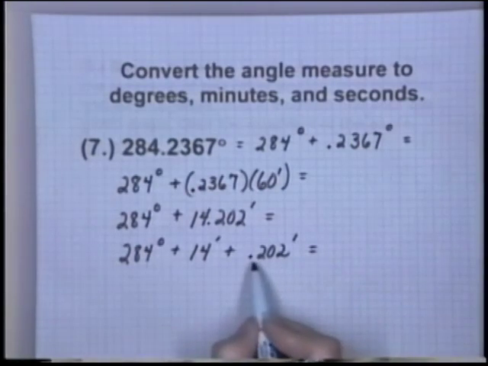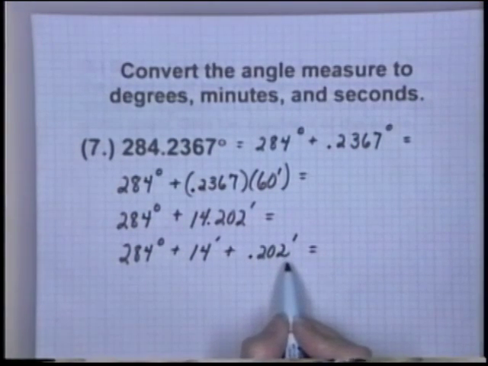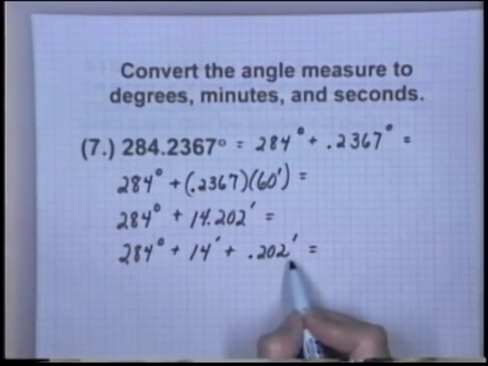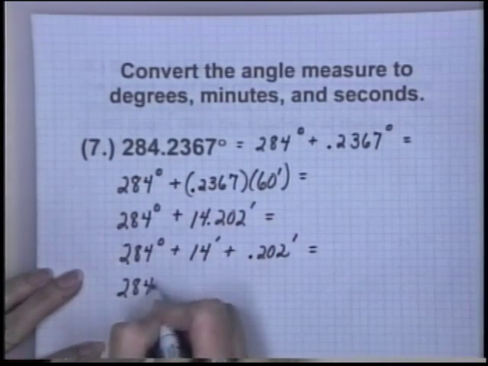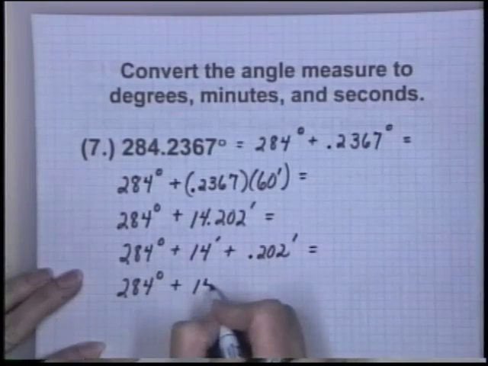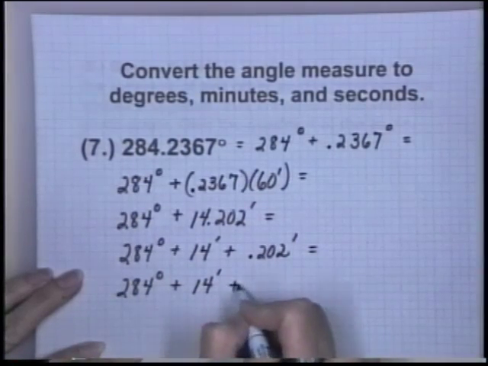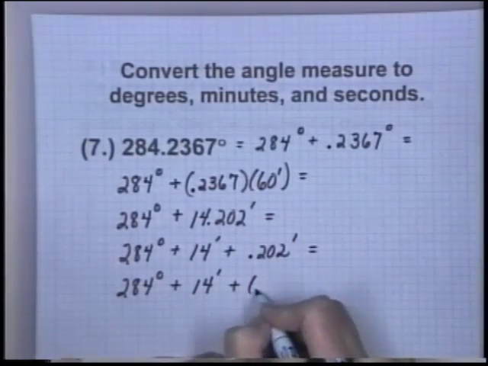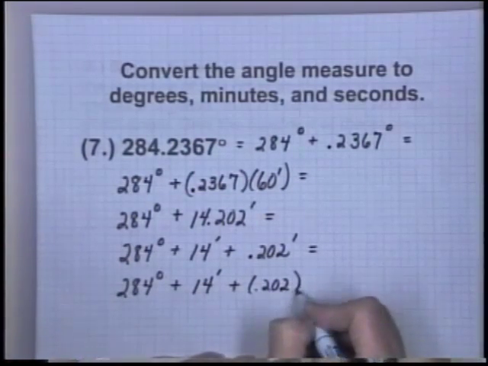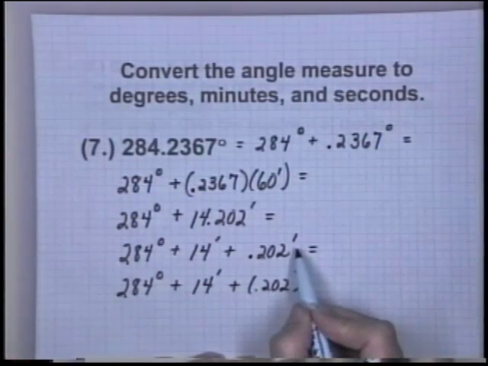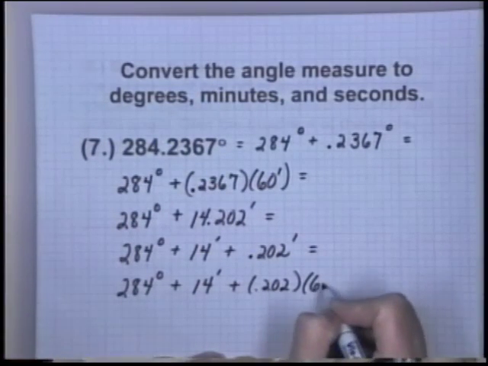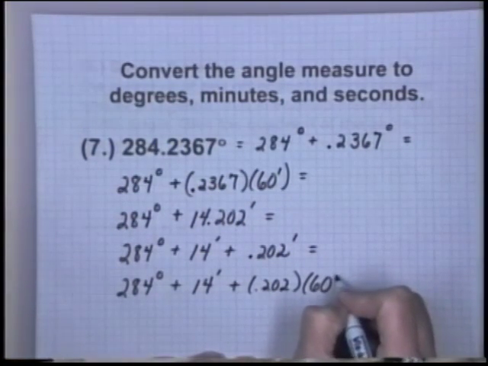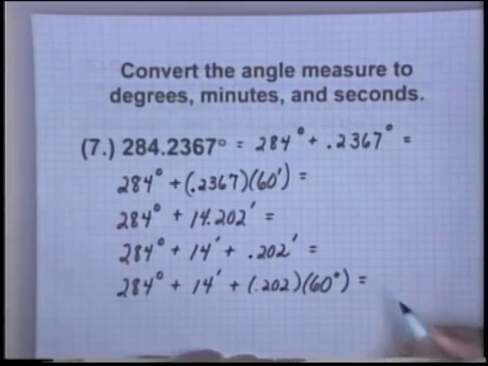And now what we want to do is to figure out how many seconds 202 thousandths equals. And so to do that, we will take the 202 thousandths, and because there are 60 seconds in 1 minute, we will multiply it by the 60 seconds.